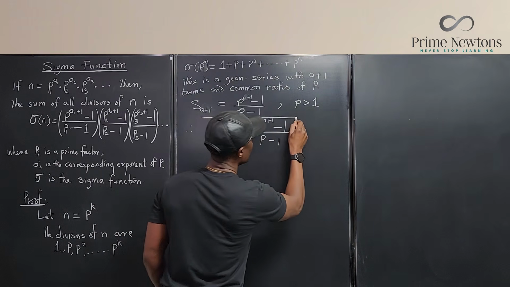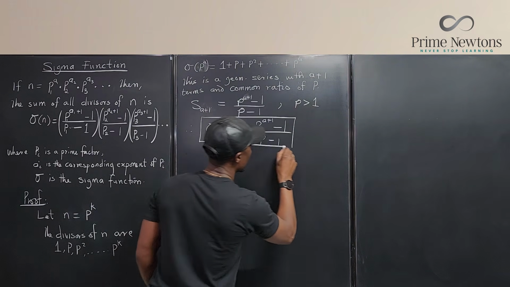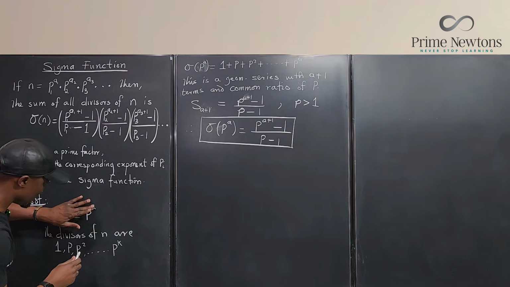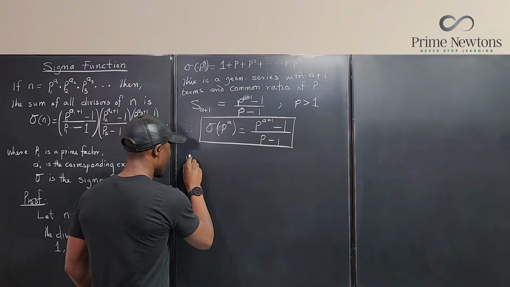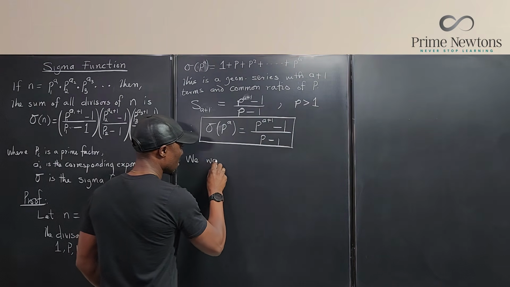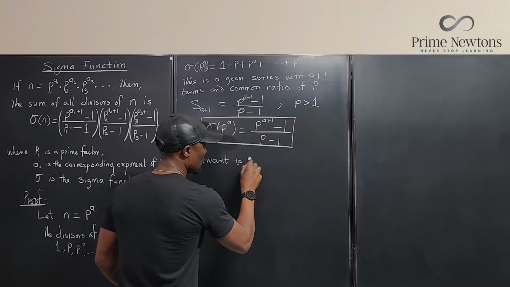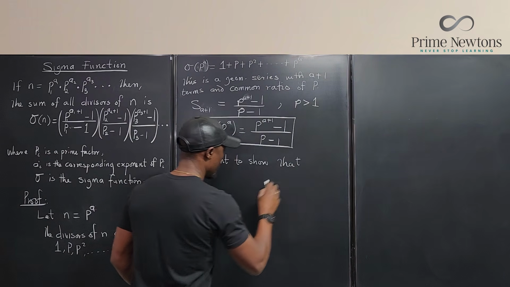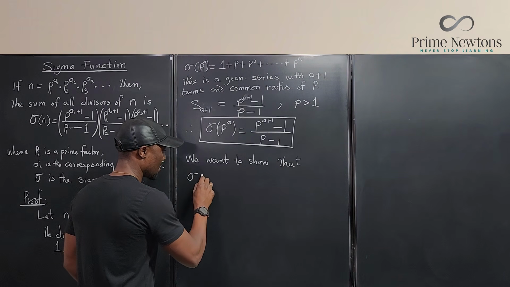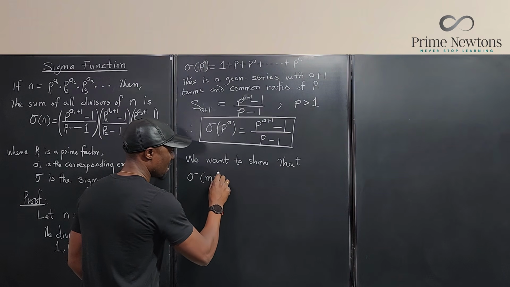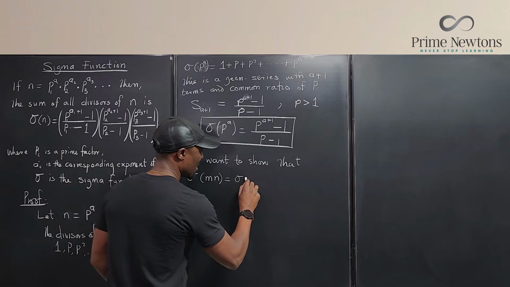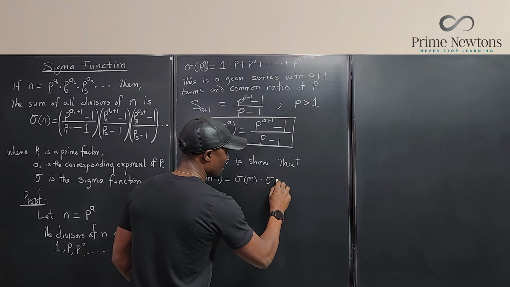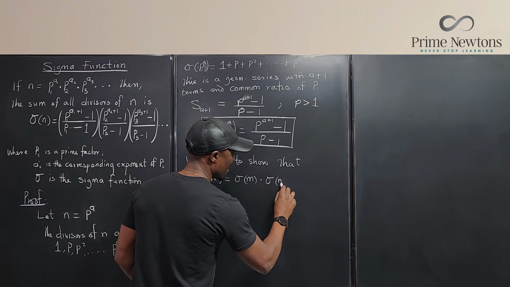We have done the first part of this proof. Okay, so I think I can change this to a. So we want to show that the sigma of mn is equal to the sigma of m multiplied by the sigma of n.